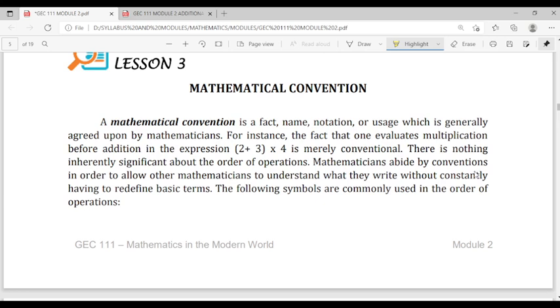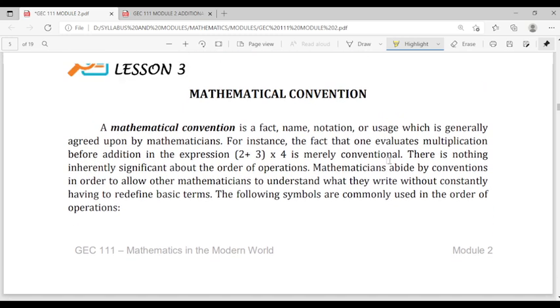Third, mathematical convention. This is a fact, name, notation, or usage which is generally agreed upon by mathematicians. For instance, the fact that one evaluates multiplication before addition in the expression quantity 2 plus 3 times 4 is merely conventional.